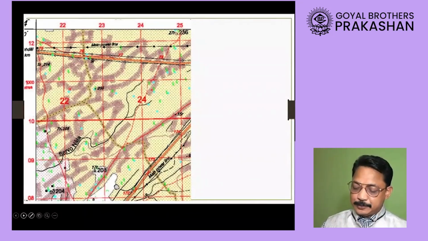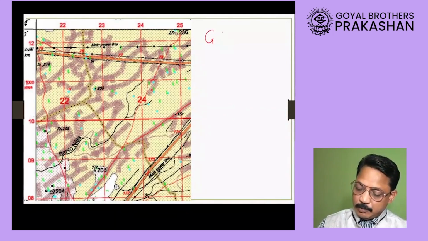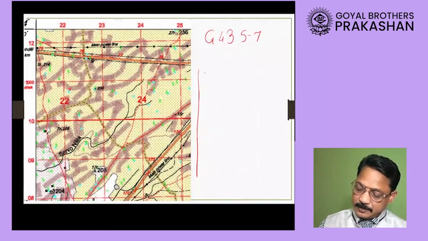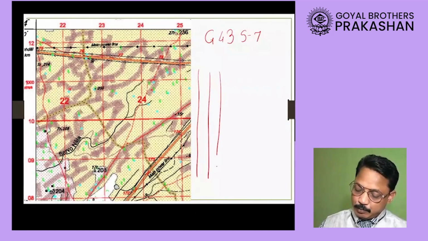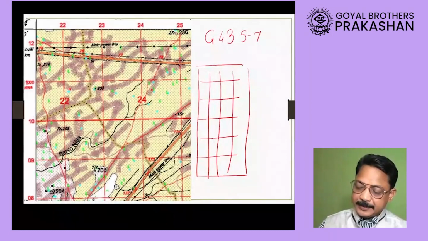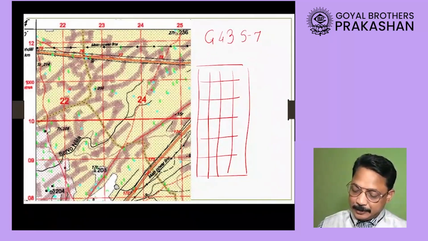Please remember, dear students, when I take one of the sections of G43S7, that itself is further divided into more smaller sections. We have already seen, we call them by the names of eastings and northings.